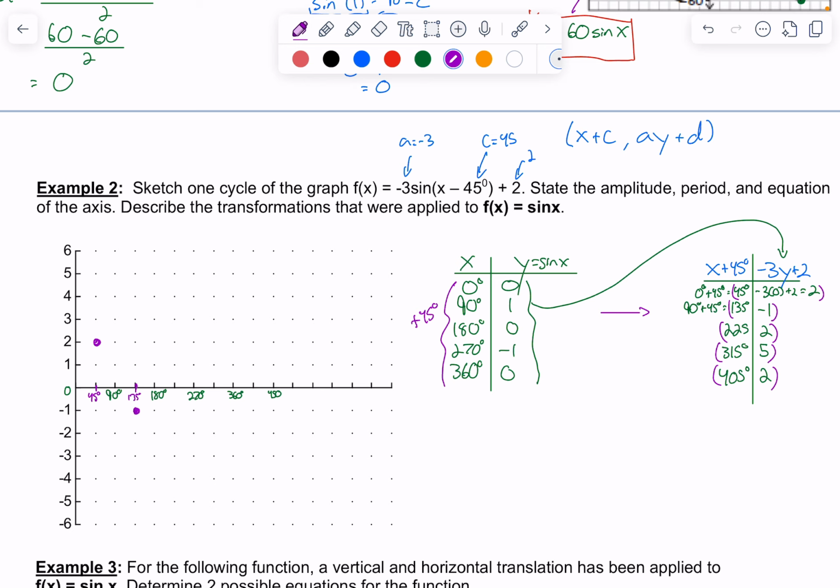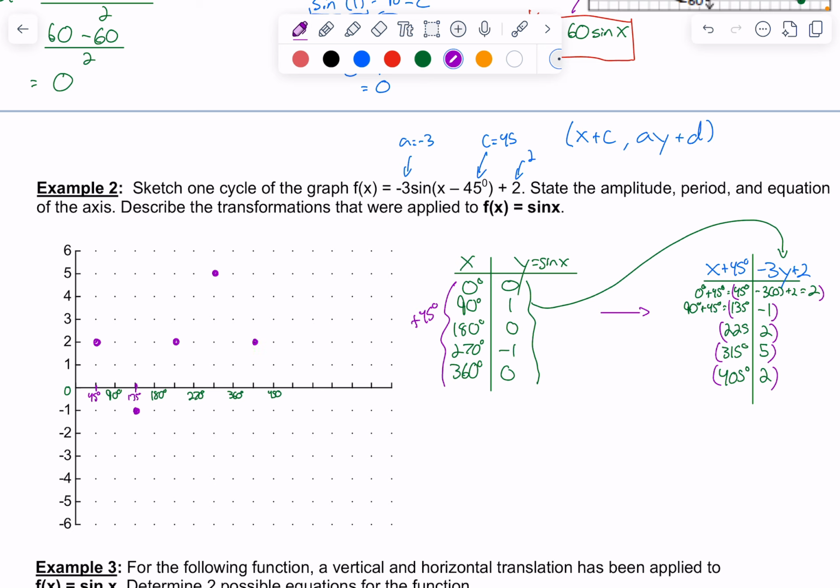Then we go to 225, so that would be right here. So it's halfway between all the green markings I've done. 225 and 2, so that's right up here. 315 and 5, that's way up here. And 405 and 2, that would be right here.